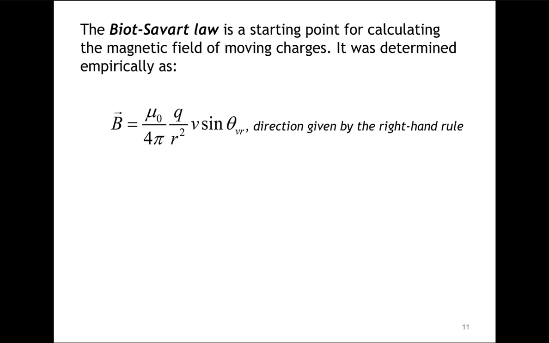What's different is, notice we have v, the speed of the source charge, times the sine of the angle between the source charge's velocity and the relative position vector of the point at which we are evaluating. So let's illustrate this with a sketch.